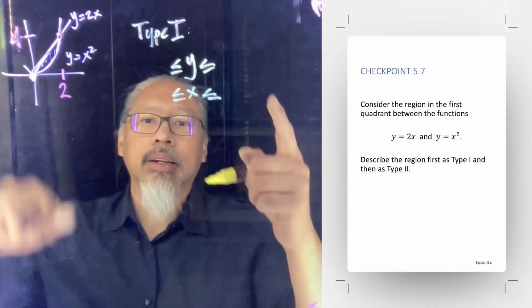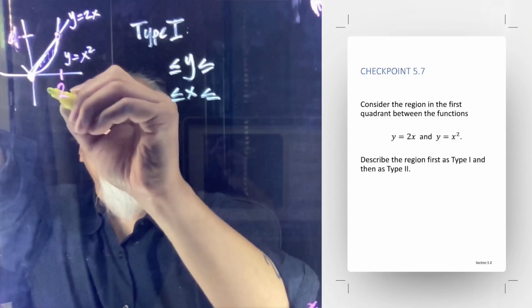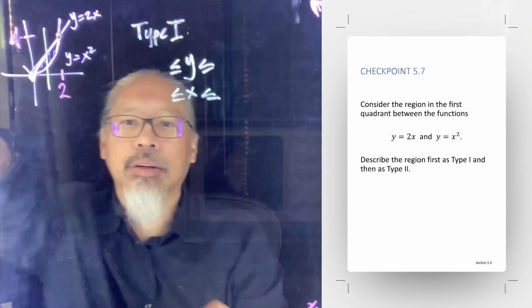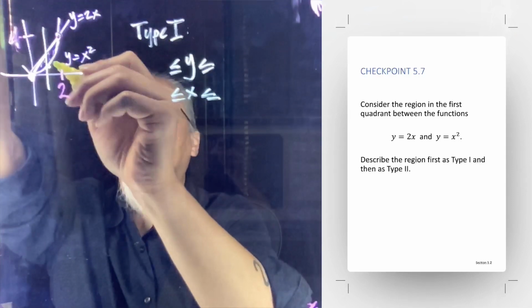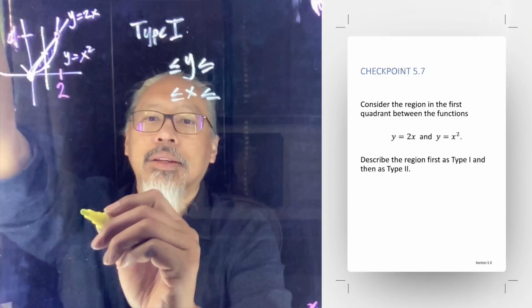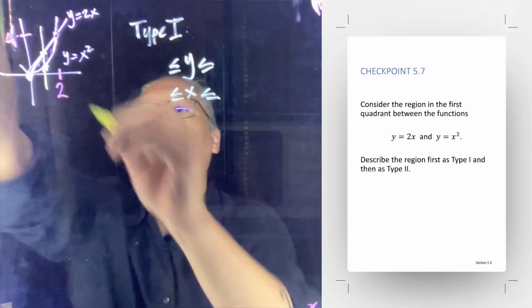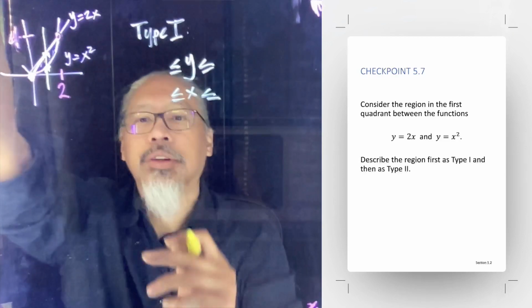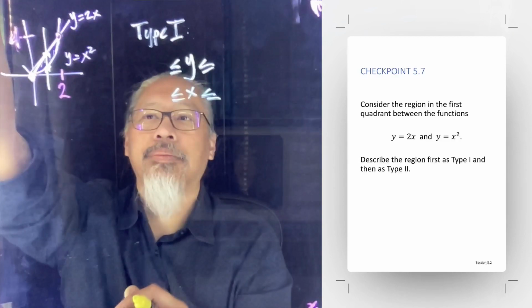So the idea in a type 1 region, if you're integrating with respect to y first, is to draw a line parallel to the y-axis. And as you go parallel to the y-axis, you would ask yourself what function you're going to enter first, and while you're inside of the region, what function are you going to hit to get out of the region.